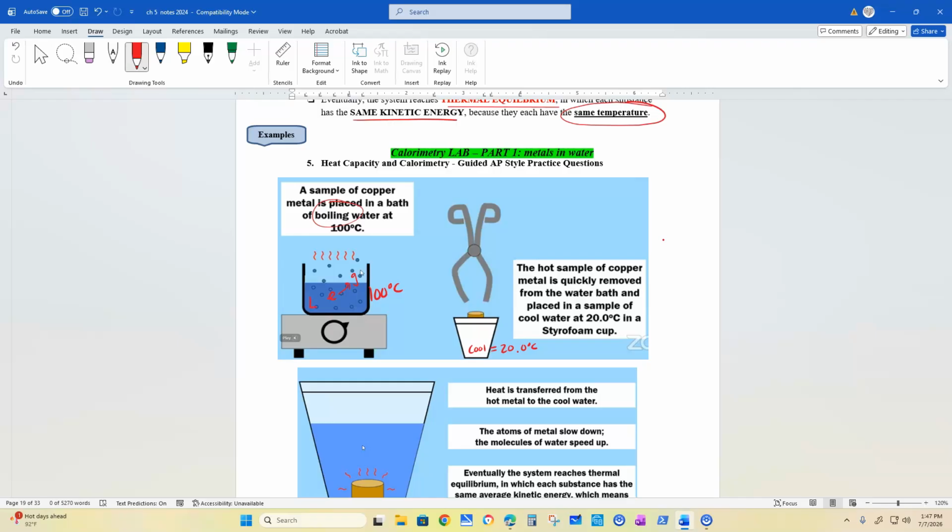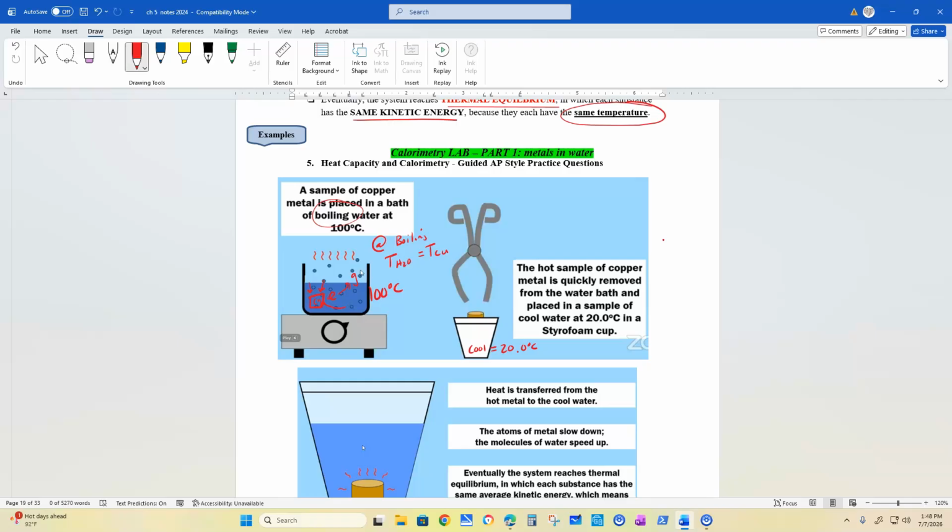So this hot piece of metal, this copper right here, gained the energy from the water and got heated up. So all of that heat from the water went straight into the copper. At boiling, the temperature of the water is equal to the temperature of the copper.